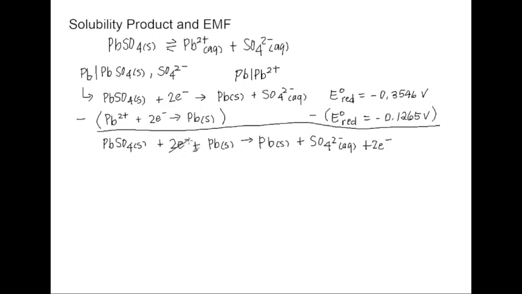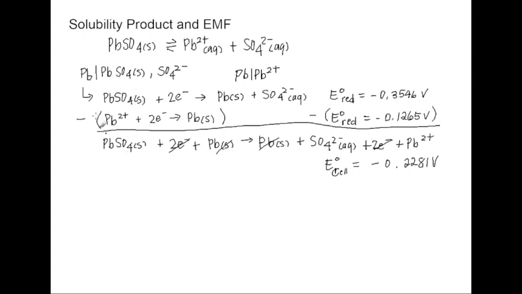So we cancel the electrons and the solid lead. So we forgot about the lead 2 plus here. We end up with our desired equation, and this cell has a potential of negative 0.2281 volts.